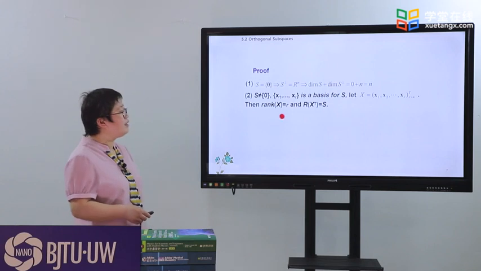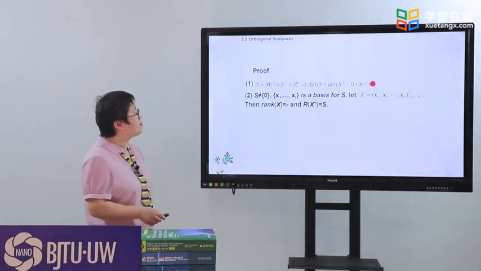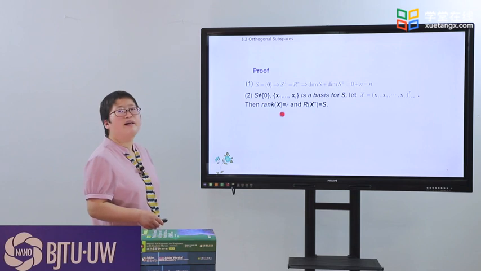And then we know that the rank of X equals r, because the rank of this matrix equals the rank of X transpose, which equals the dimension of the column space of X transpose. Because we have basis vectors, of course the rank is r, because it is full column rank.